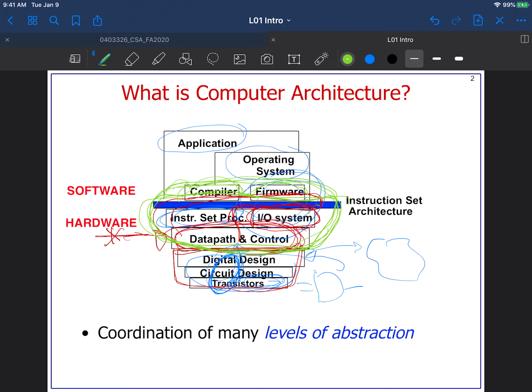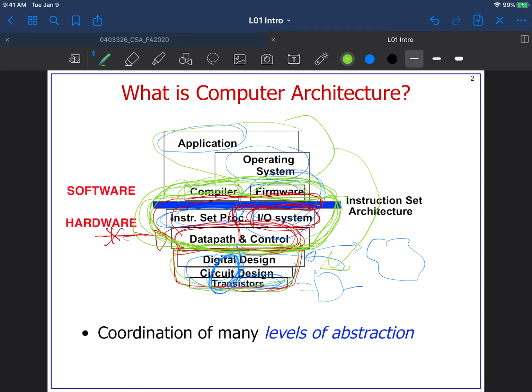so that you connect what you studied in the application and the operating system, whether it's C or Java or whatever, to the foundation that you studied so far in digital design, DLD, circuits, and fundamentals of electronics, etc. This course is going to be in the heart.